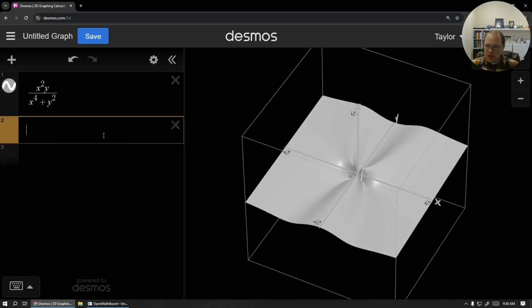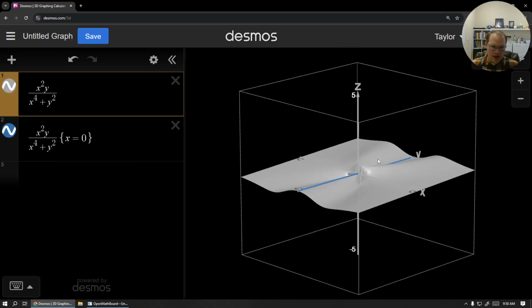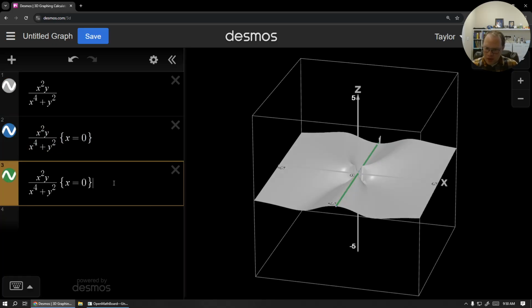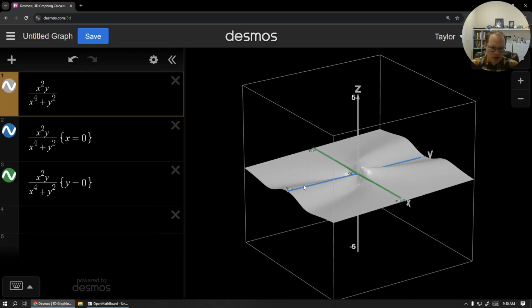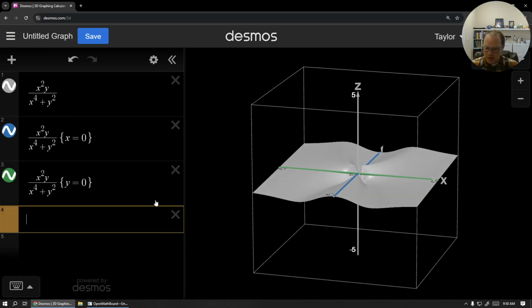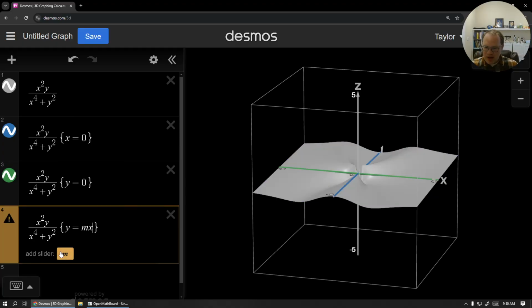Okay. So what we did is we took a look at this. We looked down the path x equals 0. We got 0. Okay. We looked down the path y equals 0. The limit was also 0 once we reached the origin. Okay. And then we looked down the path y equals mx for some value of m.